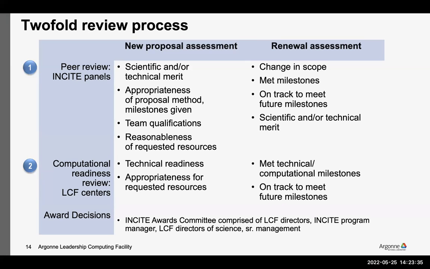INCITE awards are multiple year, so there is a renewal that some proposals go through. And it is a different type of review. Primarily for a renewal proposal, we are just making sure that the proposal is staying on scope. The scope was defined in the original proposal, and we're looking to understand, has it stayed consistent with what the original proposal proposed? If it has not, why did it change?